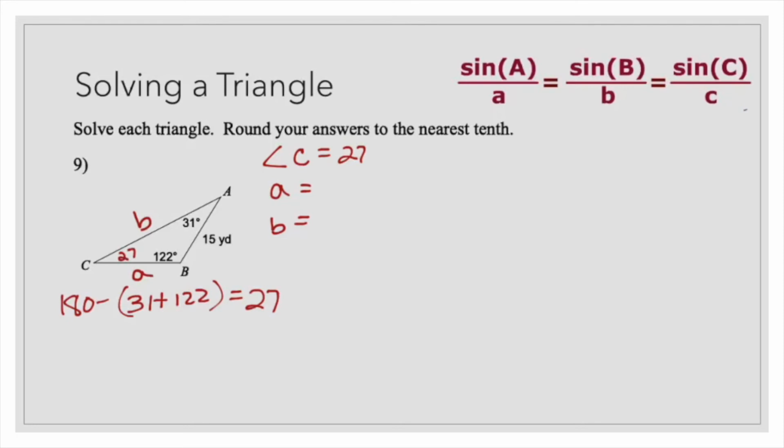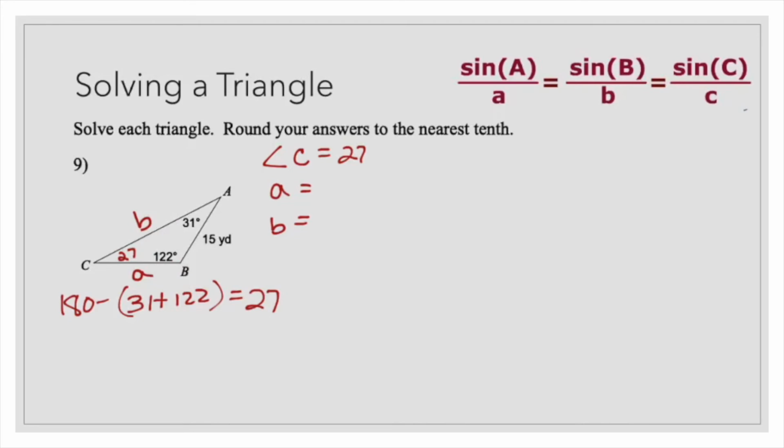So I have 31 and the A, and I need that to find side A, and I have a 122 and a B, and I'm looking for B, but I'm going to have to know a whole ratio. I'm going to have to know one of them.